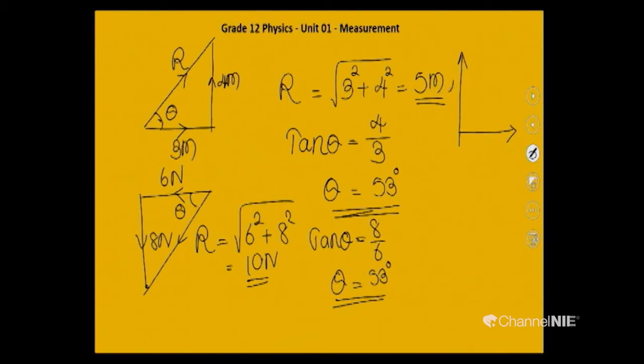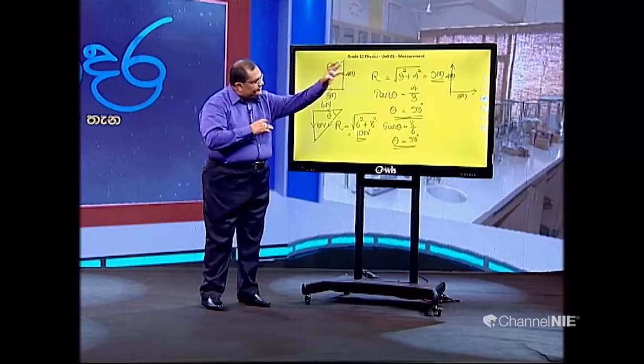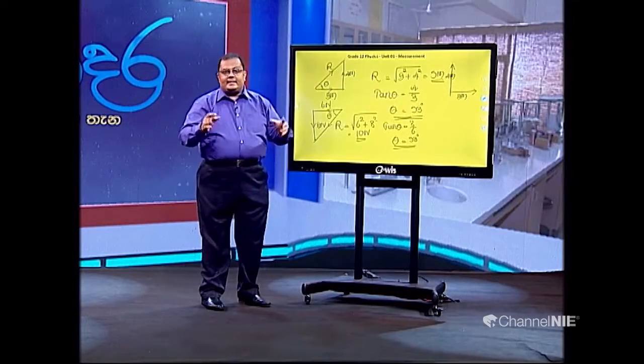Upward direction 4 meters, horizontal direction 3 meters, like this. But you have to do the same thing. 3 meters this way, 4 meters this way, you know the arrowhead should be this way. Therefore, the resultant of those two also has the same value.